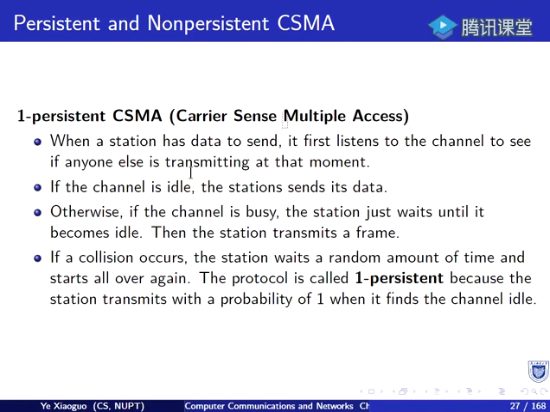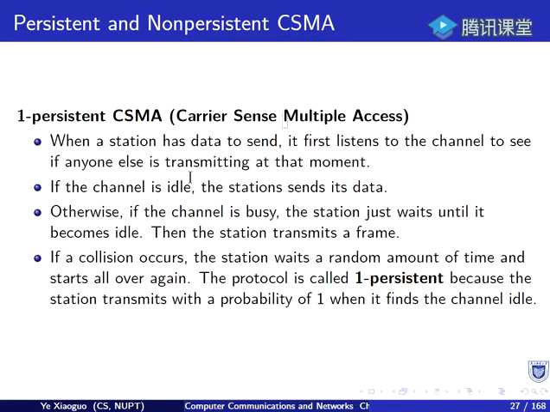If the channel is idle, the station sends its data immediately. Otherwise, if the channel is busy, the station just waits until it becomes idle. Then the station transmits a frame. If a collision occurs, the station waits a random amount of time and starts all over again.